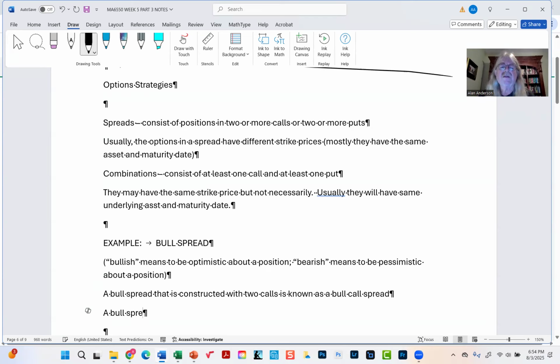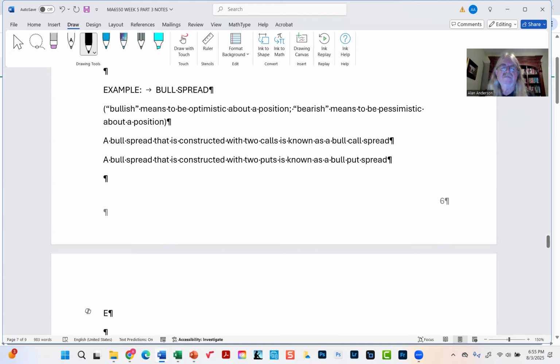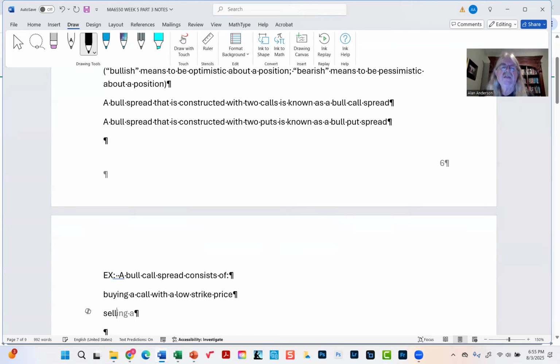So therefore, obviously, a bull spread that is constructed with two puts must be known as a bull put spread. So let's assume that we're looking at a bull call spread. Buying a call with a low strike price, and then selling a call with a high strike price. Both have the same maturity and underlying asset.